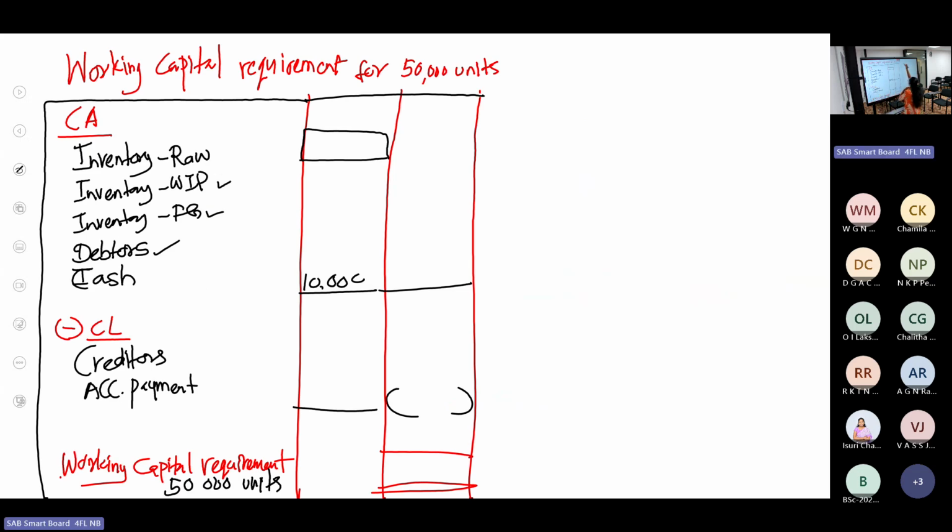You start. Raw material inventory. We know raw material conversion period equals. Look at here. If you catch the first one, then it's very easy to go with the others. Raw material consumption period equals. Students, can you tell me the way of calculating it?